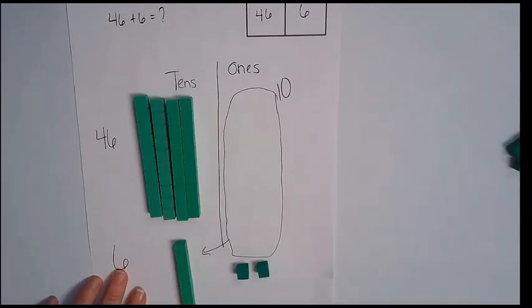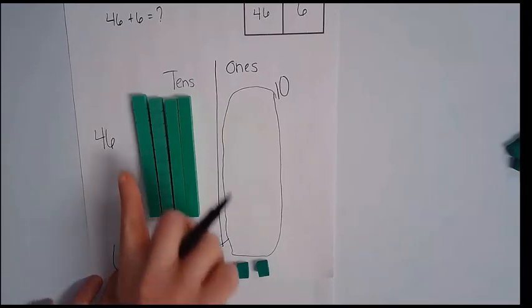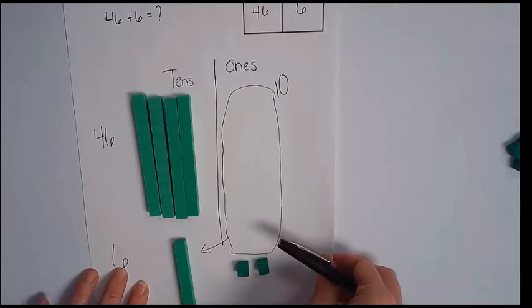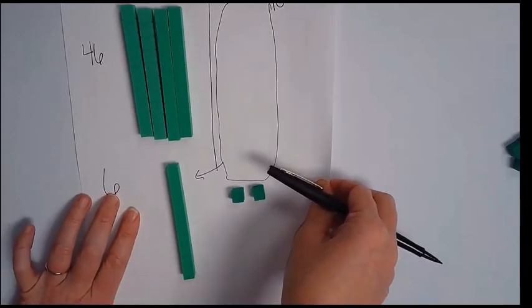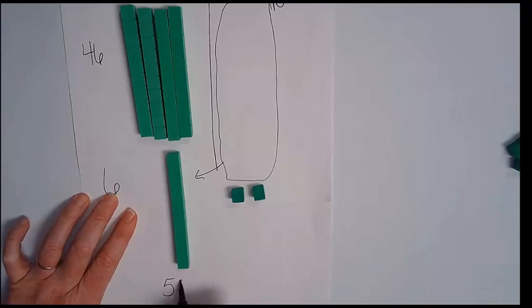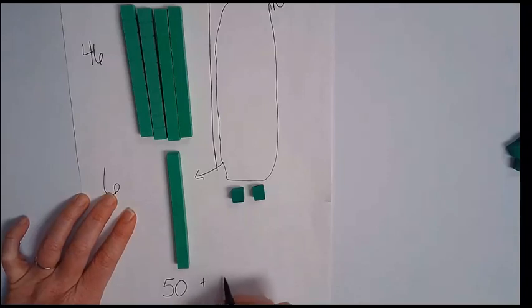So now I see that I have 5 tens. 5 tens has a value of 50. And I'm going to slide this up so you guys can see. 50. And I have 2 ones, which has a value of 2.